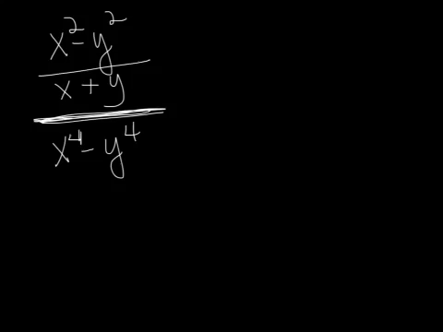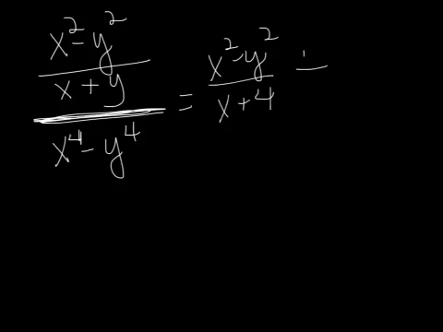Guys, if it's a fraction over a fraction, that is called a complex fraction. And we will get to that more later. But right now, this problem is simply (x squared minus y squared) over (x plus y) divided by (x to the 4th minus y to the 4th). And if it is division, again, we flip it and we multiply.